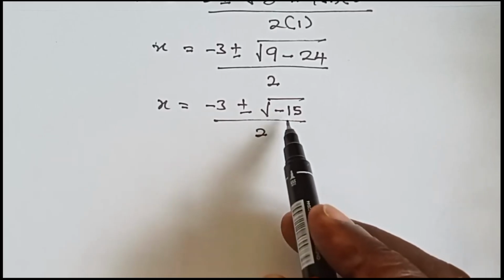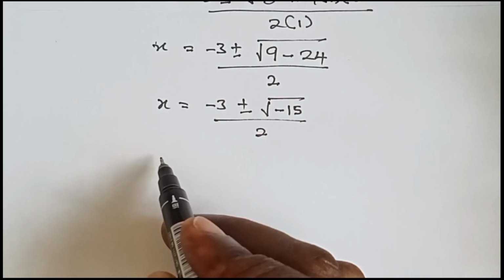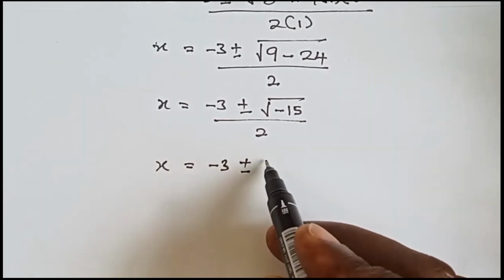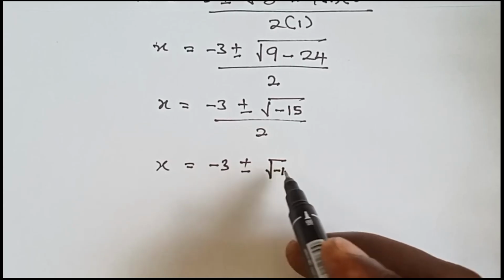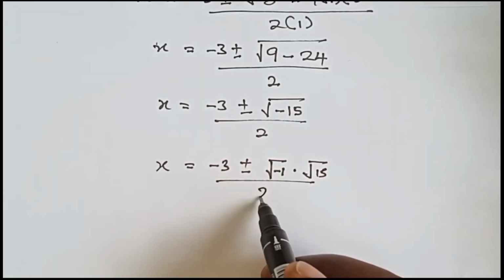Okay, so now anytime you see a square root of a negative number, it means you are dealing with imaginary numbers, and that is what we have in this place. And what we are going to do is write it out this way: minus 3 plus or minus square root of minus 1 multiplied by square root of 15, over 2.